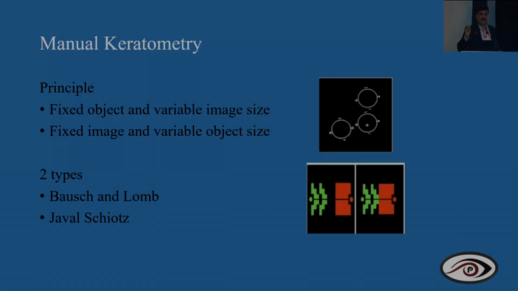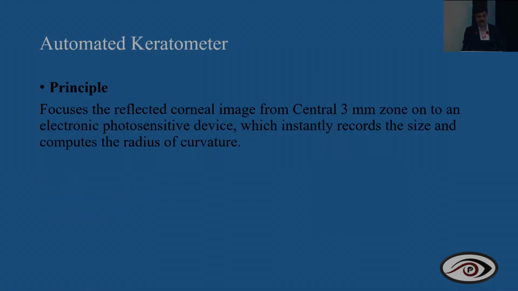We always started our career with manual keratometry. The principle is mainly a fixed object and variable image size, and a fixed image and variable object size. Two companies used to produce these: Bausch and Lomb and Sears keratometer.